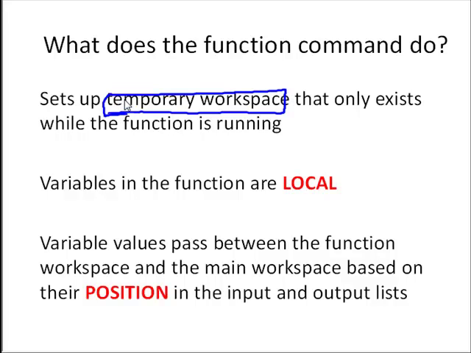You call the function, say from the command window or from another script. The first thing the function does is set up that workspace and then pass values from the function call into the workspace based on their position in the input and output lists.